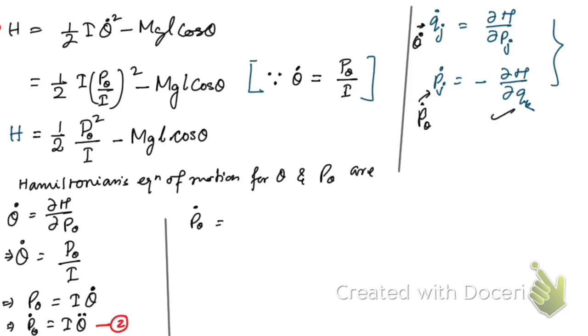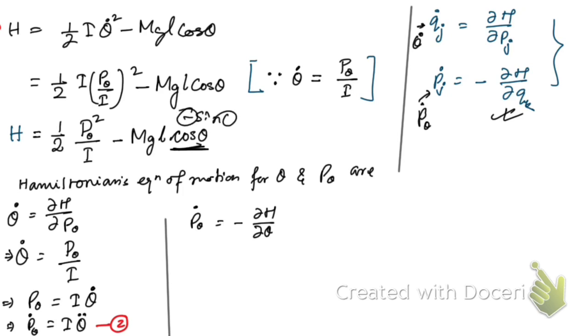equal to, according to this equation, minus del H by del theta, instead of qk we have theta here, right? If you differentiate with respect to theta, this part is not a function of theta, so that's going to be 0. If you differentiate cos theta with respect to theta, it is minus sin theta. This minus becomes plus, and the other minus makes it negative again. Finally it is going to be negative, because the derivative of cos theta with respect to theta is minus sin theta.